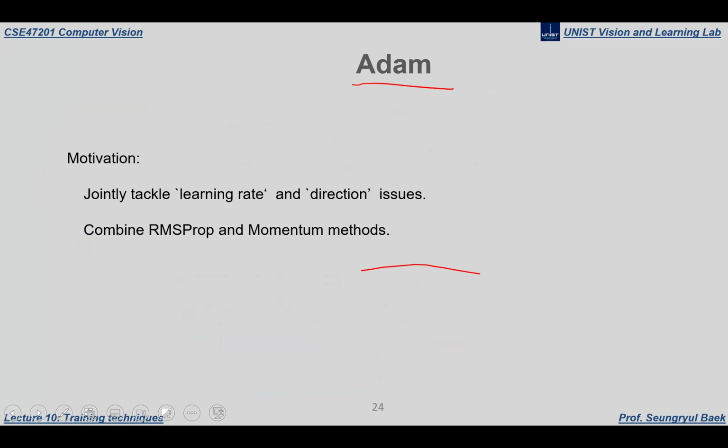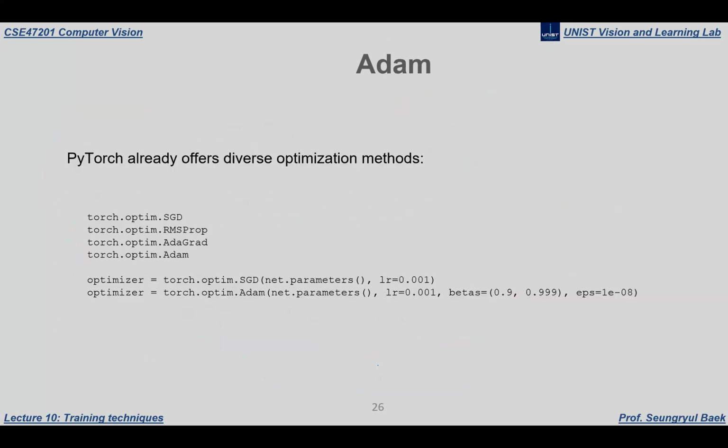Anyways, nowadays we are using Adam frequently. You can use the SGD optimizer when you train the networks, but nowadays most researchers are using the Adam optimizer, which is the complete form of optimizer. Basically, they share the key concept of SGD, but Adam has the adaptive learning rate consideration and also the momentum.